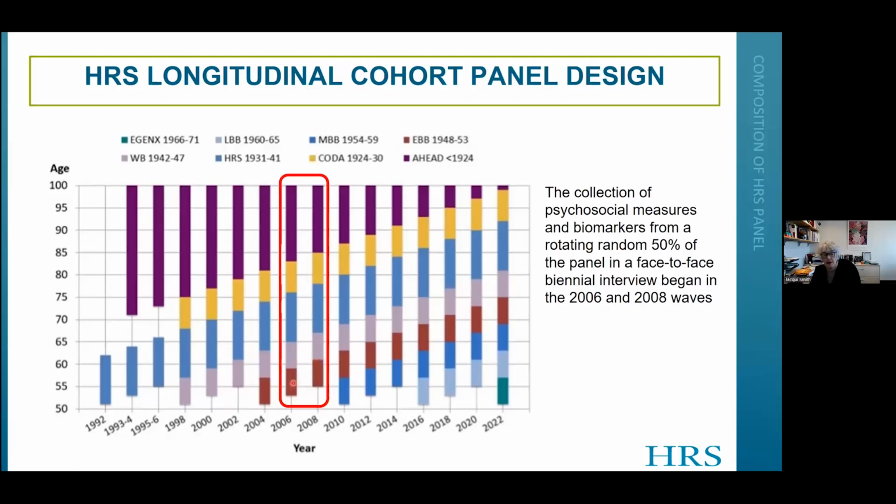So this is where 50% of the panel are interviewed over the telephone. It's a computer-assisted interview. And the other 50% are interviewed in person with an interviewer actually entering the house and interviewing both partners, but putting the responses into the laptop and bringing them back.